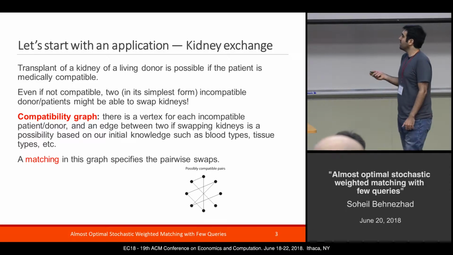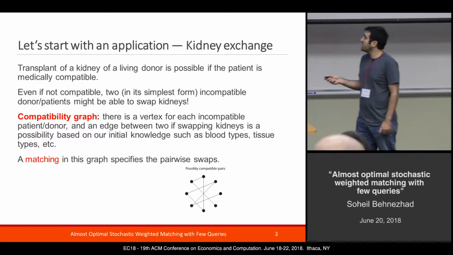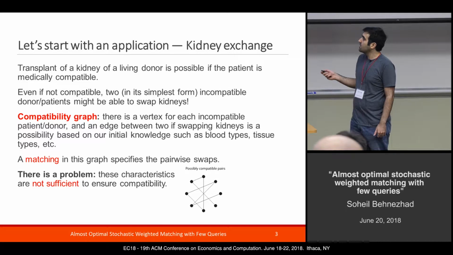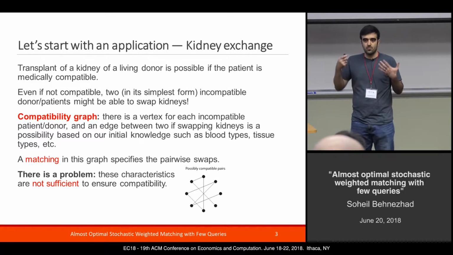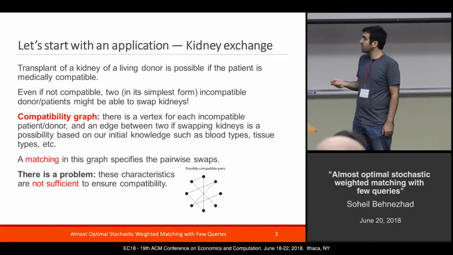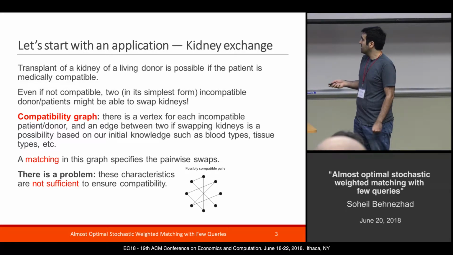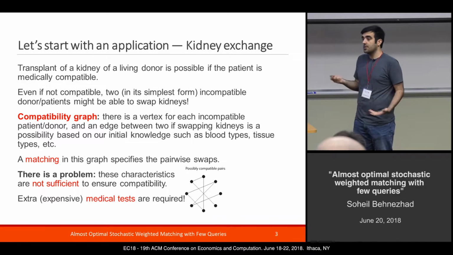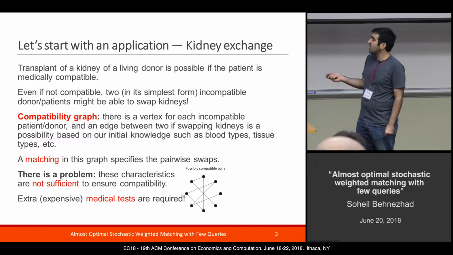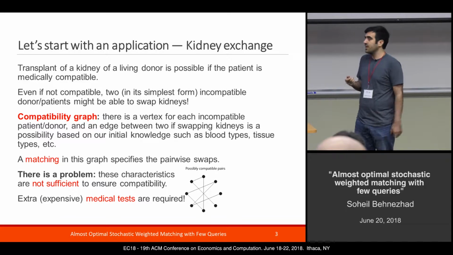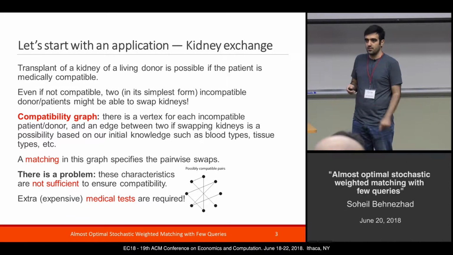But the main problem really is that this initial knowledge that we have about blood types or tissue types, etc., is not sufficient to be able to know what the actual compatibility graph really is, right? And to handle this, what's really done is that we need extra expensive medical tests to confirm that, yes, these two pairs can actually swap kidneys.